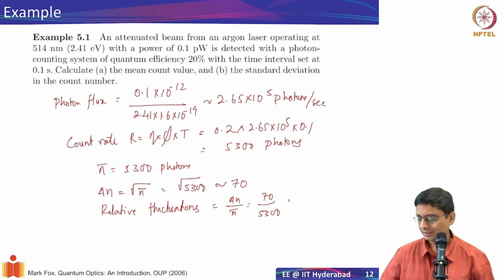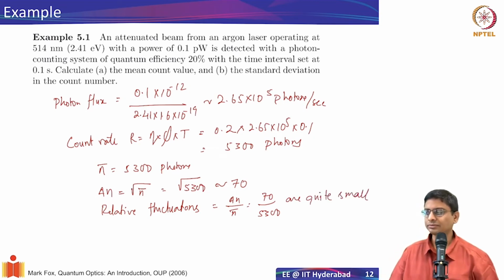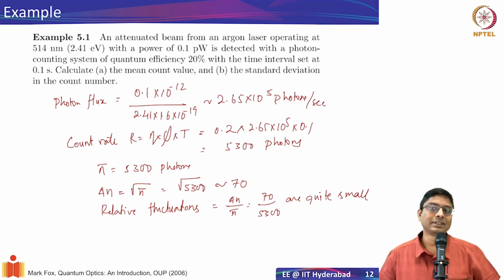This is quite small. Relative fluctuations are quite small or negligible. When you have a large photon number, the fluctuations are insignificant.